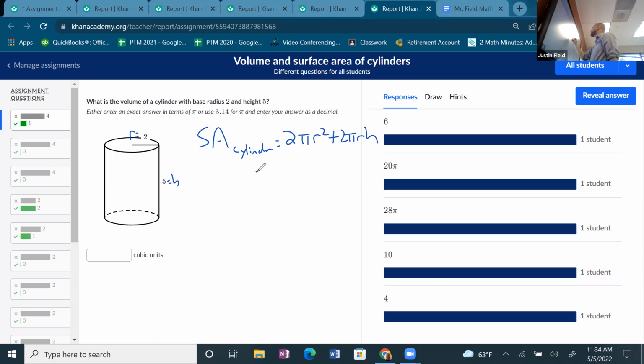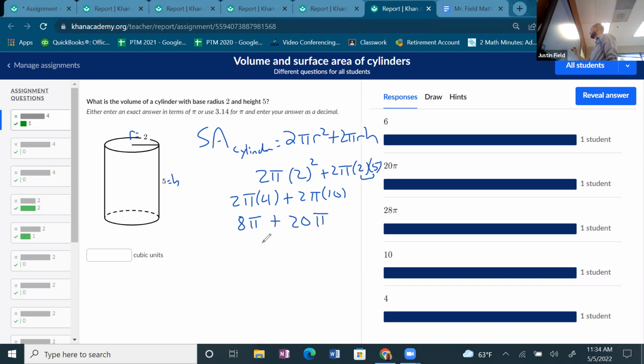All right, so we're going to do 2 pi, the radius is 2 squared plus 2 pi 2 5. And now we're going to do our order of ops. 4 plus 2 pi 10. And then that's 8 pi plus 20 pi, which is 28 pi.